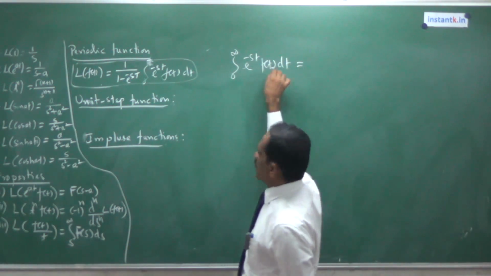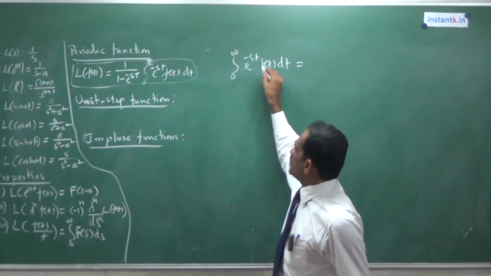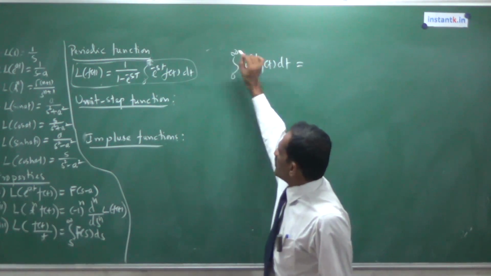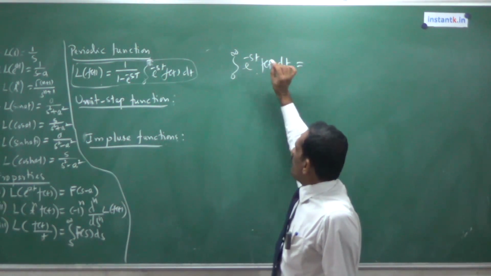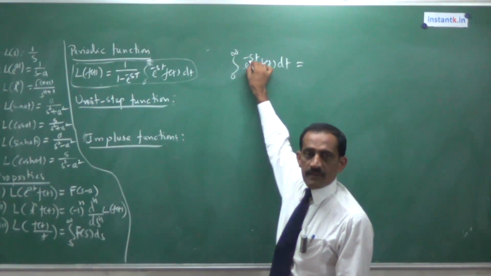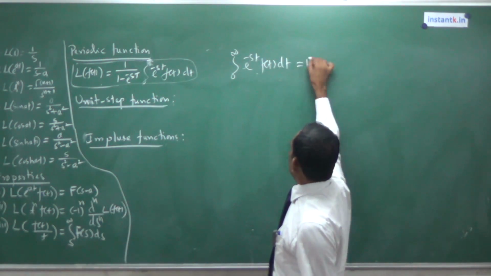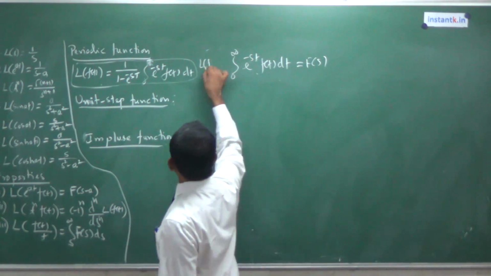That means for a given function f of t defined for positive values of t, you multiply by e power minus st. Integration is done from 0 to infinity with respect to t. What is the answer obtained? It will be a function of s, because s is another parameter which is a complex variable. We get the answer in terms of s. That answer obtained is called Laplace transform of this function. That is the definition.